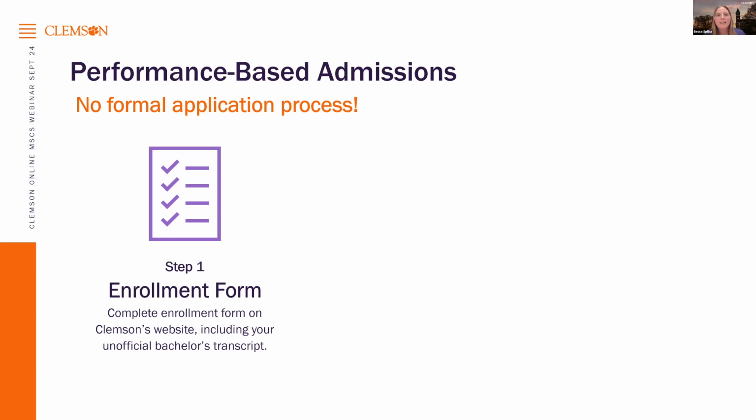If you have further questions, please feel free to reach out. I'll give contact information later on, or you can find our graduate admissions office contact information as well if you have specific questions about your degree. But the first step is just to do that enrollment form, and it's a super simple form.